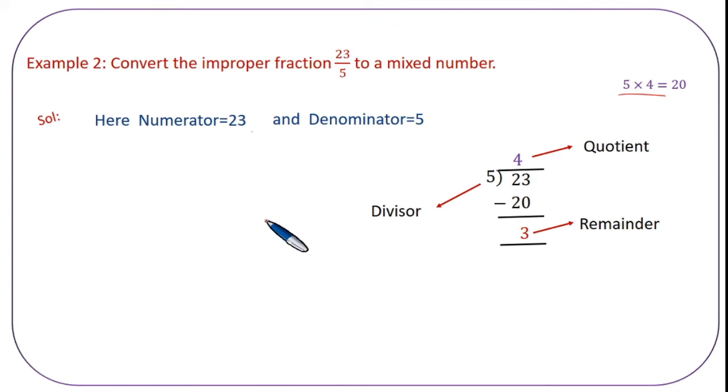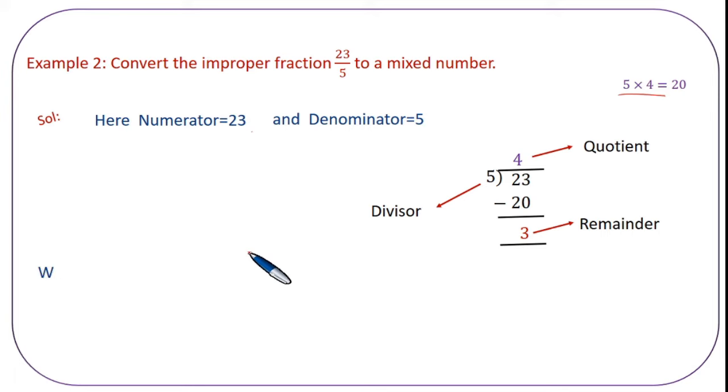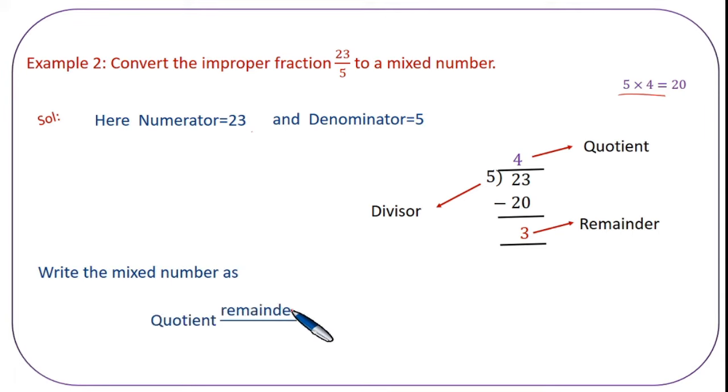So now again pause the video and try to write the mixed fraction. I hope you did. Check your answer. Write the mixed number as quotient and remainder over divisor. So what is the quotient here? Quotient is 4.